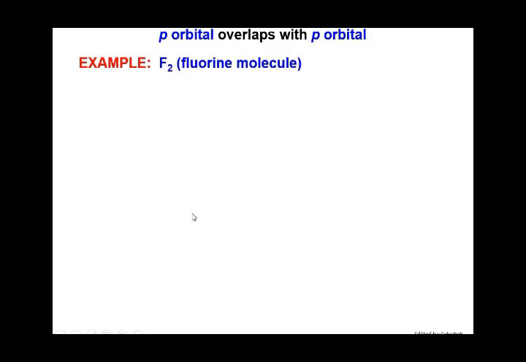What about p orbital overlap with p orbital? For example, a fluorine molecule. A fluorine molecule consists of two fluorine atoms. Each fluorine atom has 7 valence electrons.